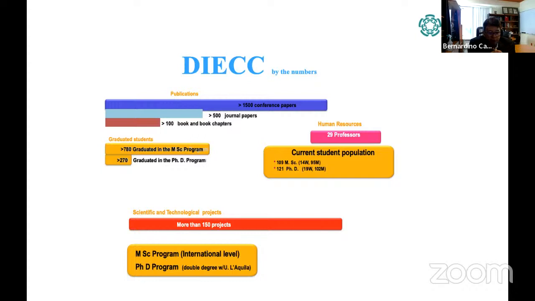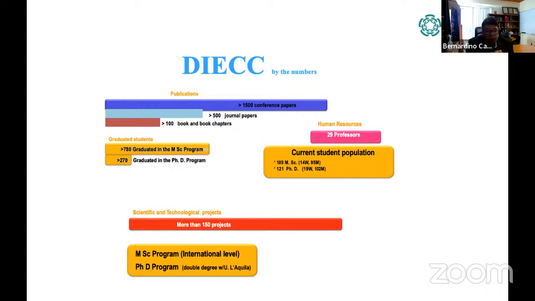And we have two programs: the Master of Science program, which is qualified as an international level program, and the PhD program, in which, as I mentioned, we have a double degree program with the University of L'Aquila.